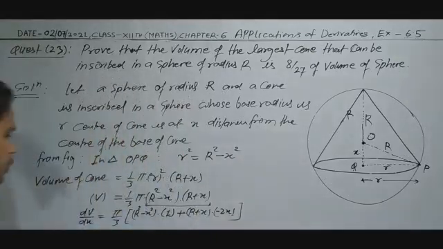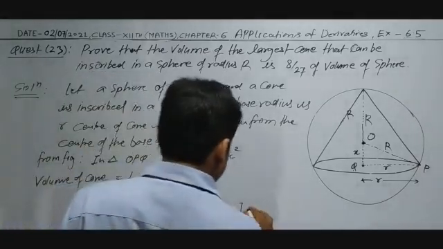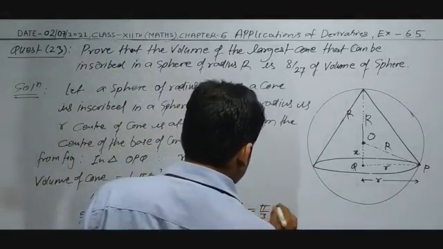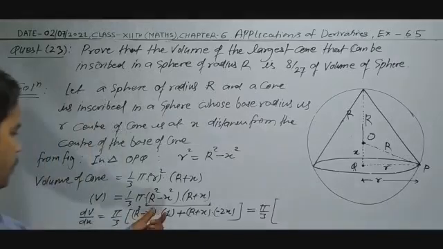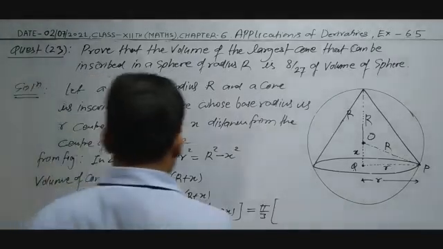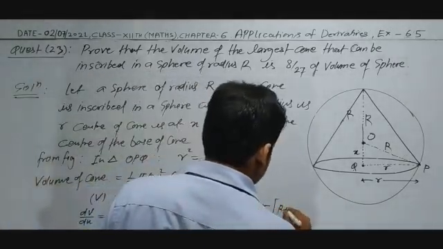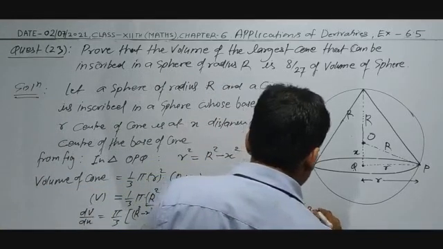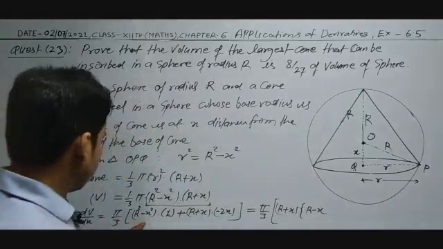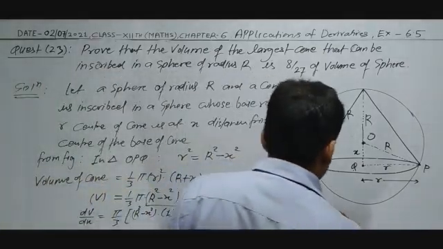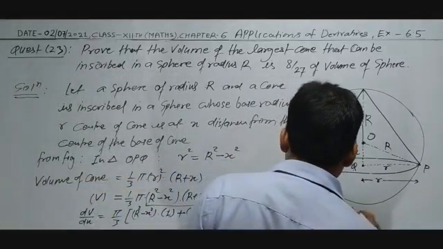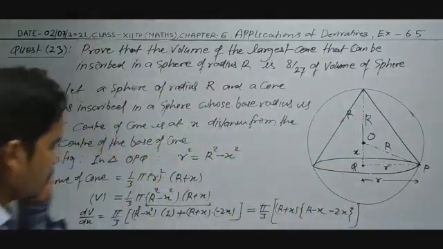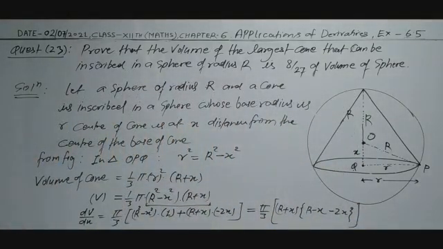So now pi by 3, R plus x is common. When you take it common you get R minus x and minus 2x. So now we have to equate to 0.